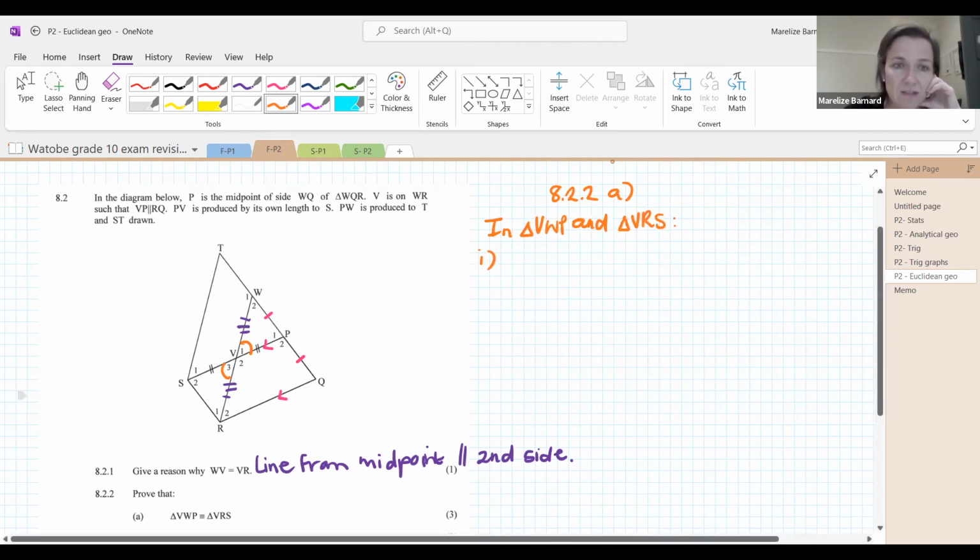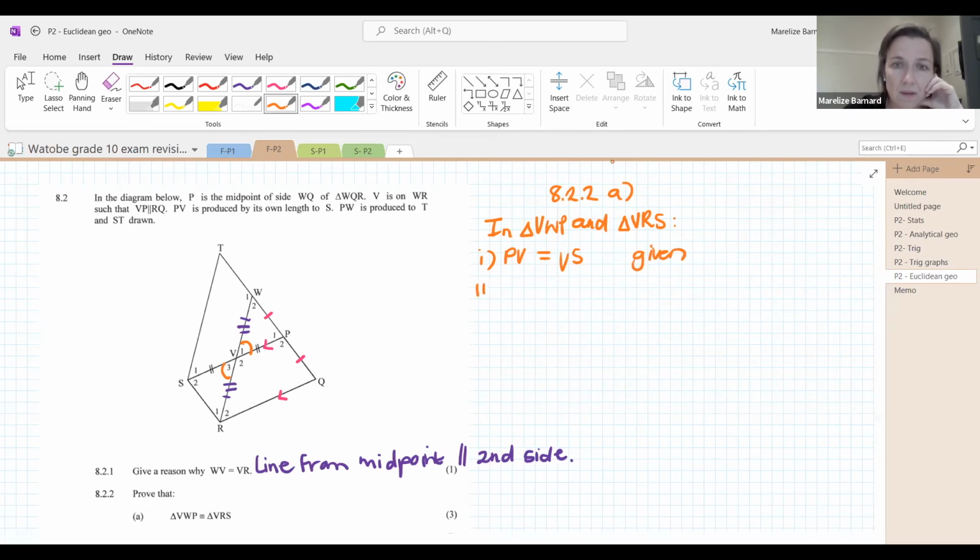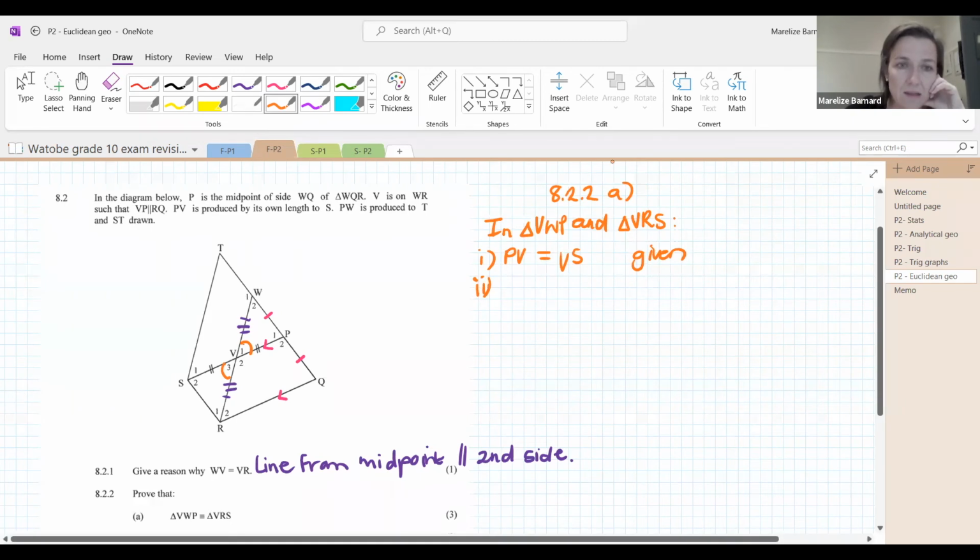The first thing I'm going to say is that PV is equal to VS. That's given. Then for 2, we're going to say that VW or WV is equal to VR.